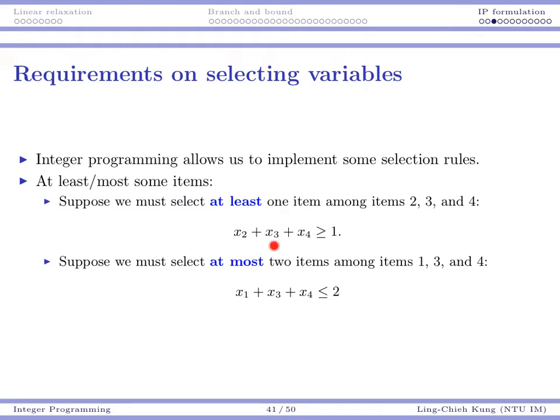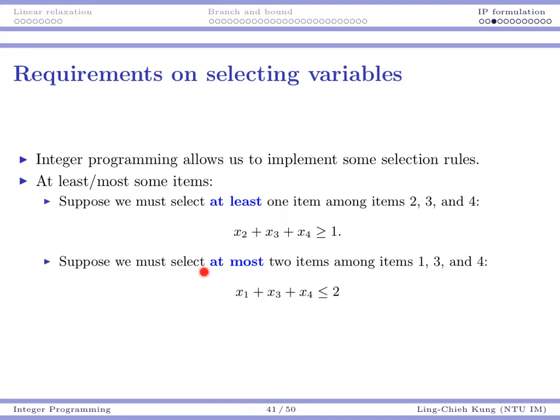If among these 3 variables one of them must be 1, that means you need to select at least one item. Once you add this into your formulation, you will select at least one of these 3 items.